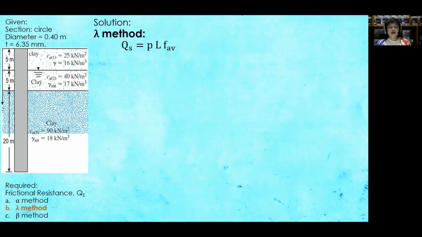So for the lambda method, QS is equal to P times L times f avg. And f avg is equal to lambda times the quantity sigma O prime bar plus twice Cu.